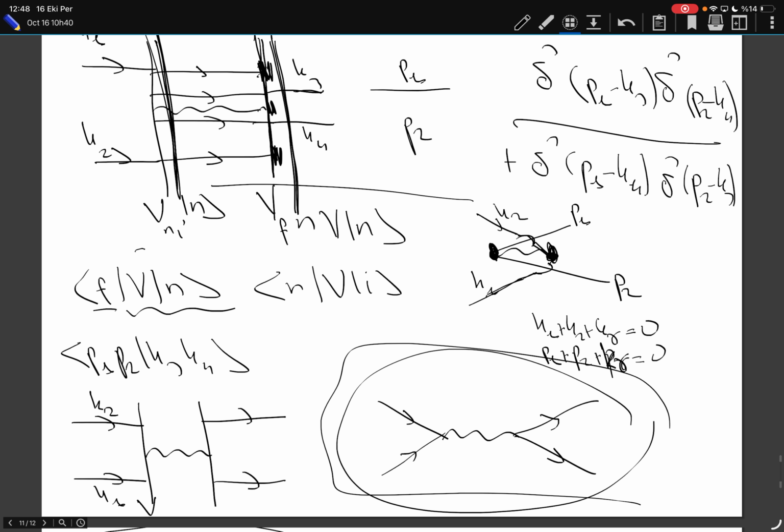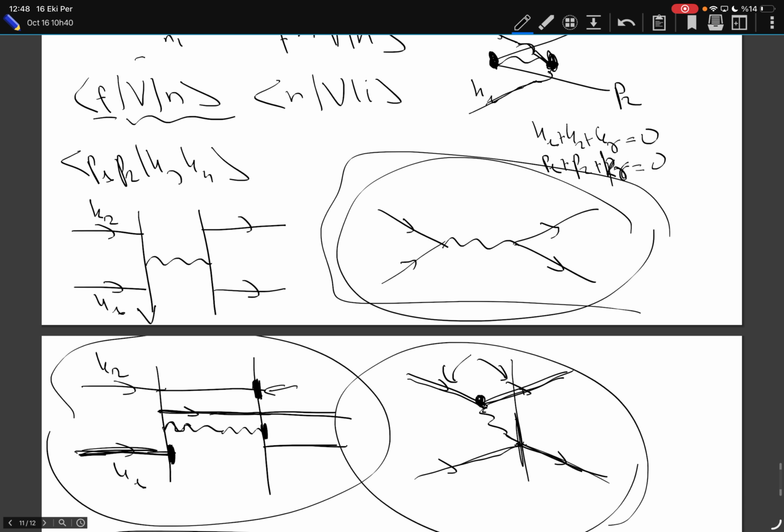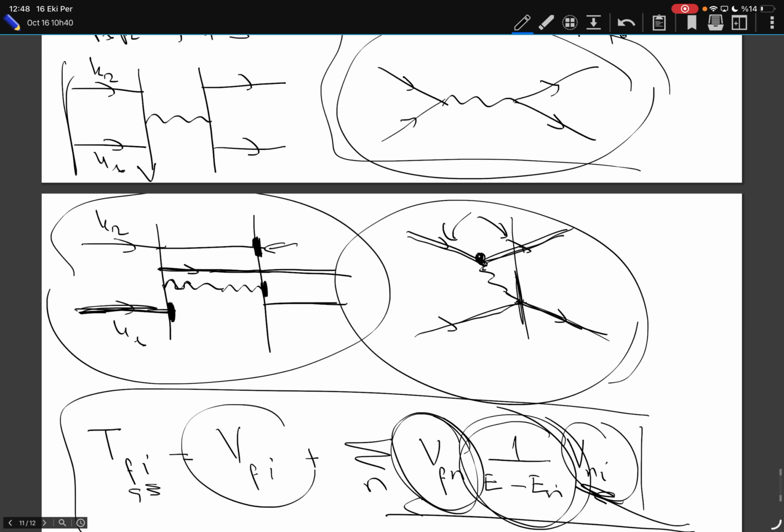In fact, this diagram and this diagram will be added, just like this diagram and this diagram will be added.